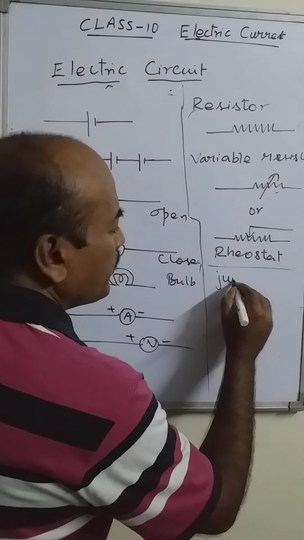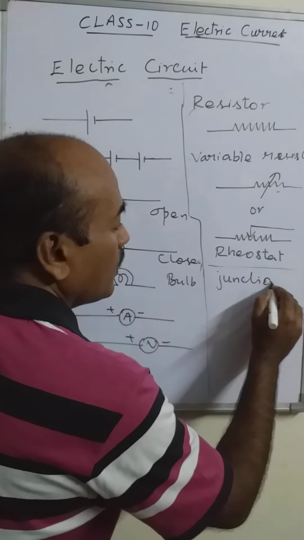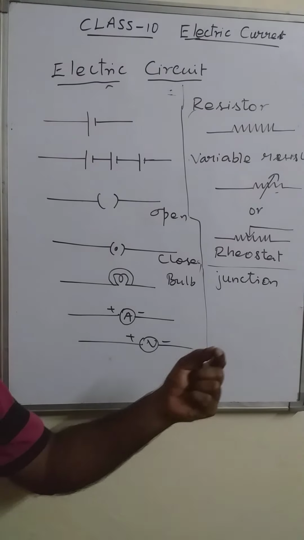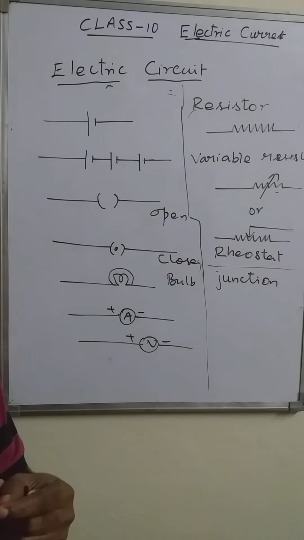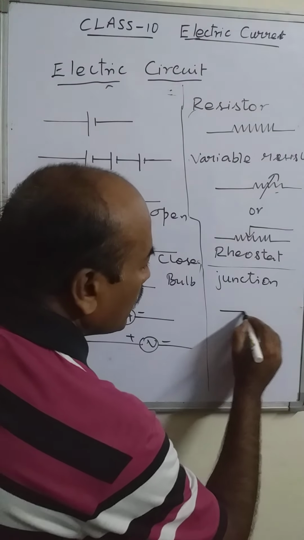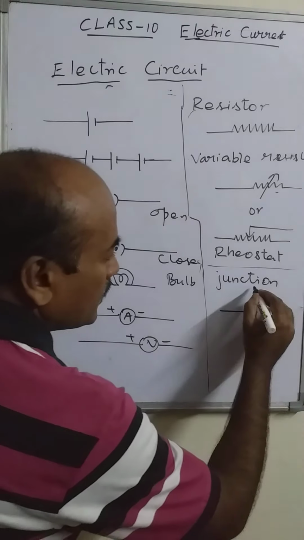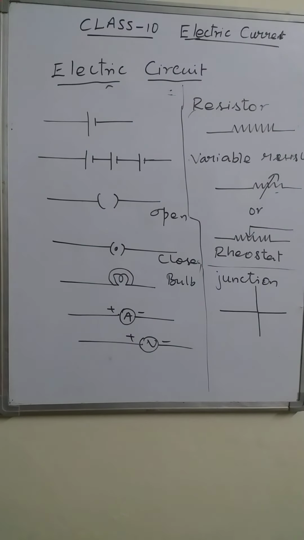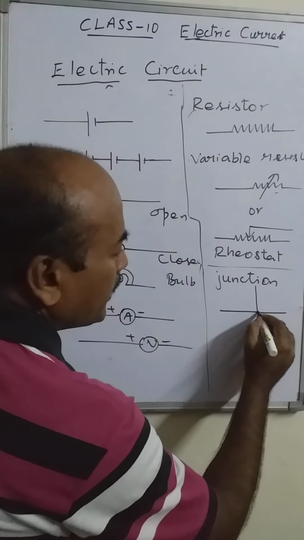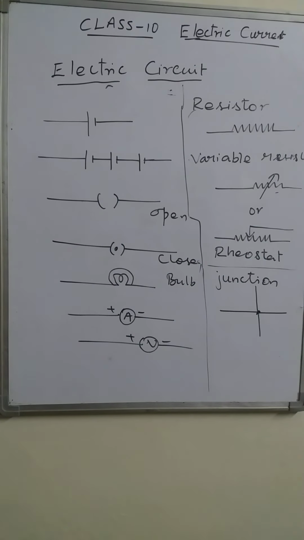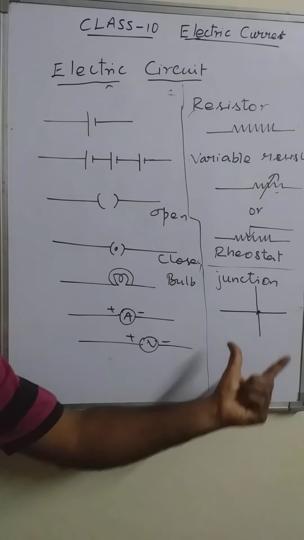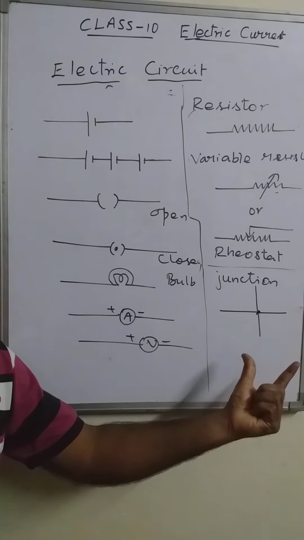First, the junction. You know it from the word. Junction means wires coming from different directions meeting at a single point. This is one wire, this is another wire, a third wire, a fourth wire. All the wires are meeting at a single point, and through these wires the electric current may flow. And this is the junction.